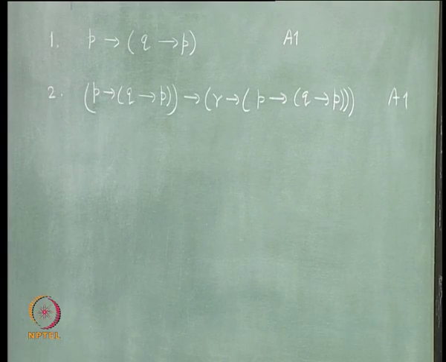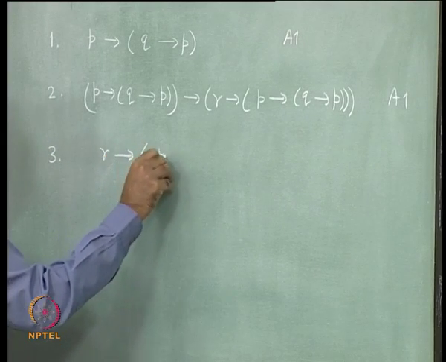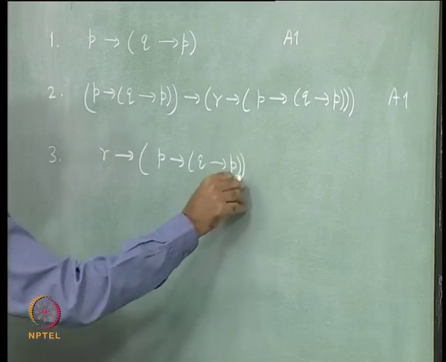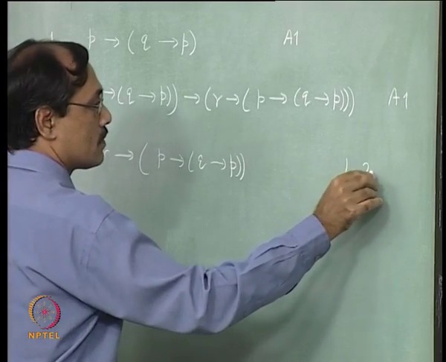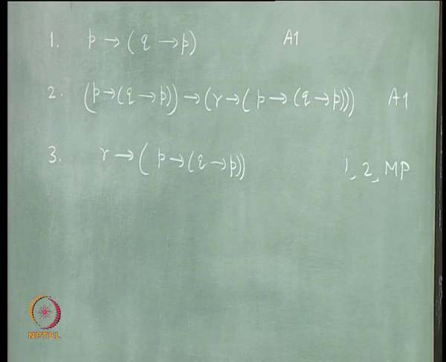Now I apply modus ponens. So I obtain this, R implies (P implies (Q implies P)), brackets are the way it is given, fine.